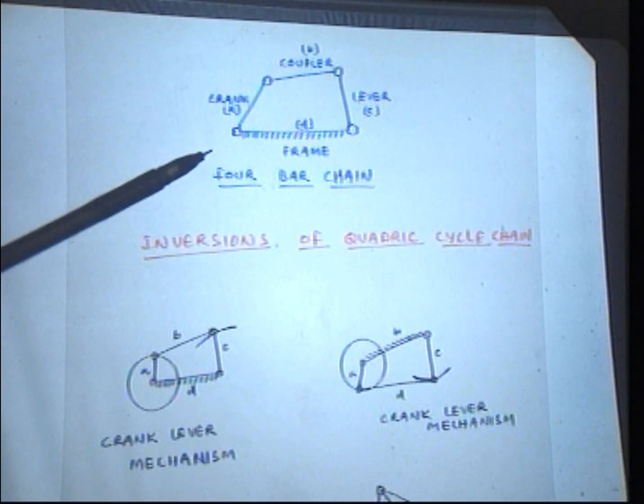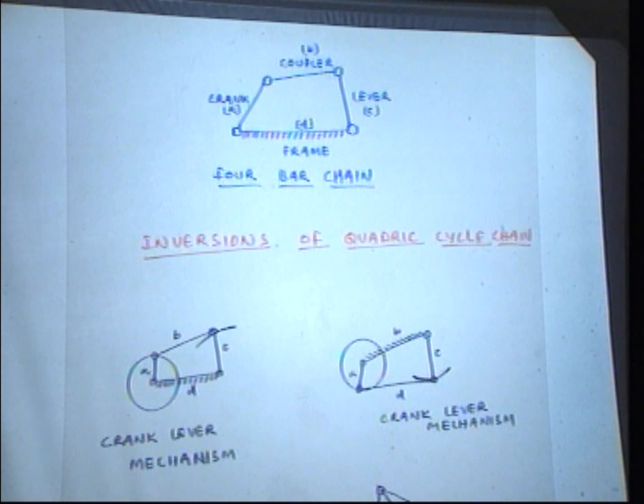This is a 4 bar chain. A 4 link mechanism or linkage is the most fundamental of the plane kinematic linkages. It is a much preferred mechanical device for the mechanization and control of motion due to its simplicity and flexibility.